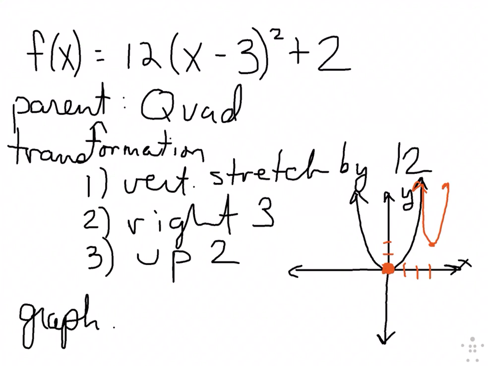Does that make sense? It might only have right 3, so you just move it over 3 units and there it is. Or it might just have up 2 and that's it. Or it might just have the vertical stretch. But then there's some of them that have a little bit more. How do you guys feel? We'll see. Okay.